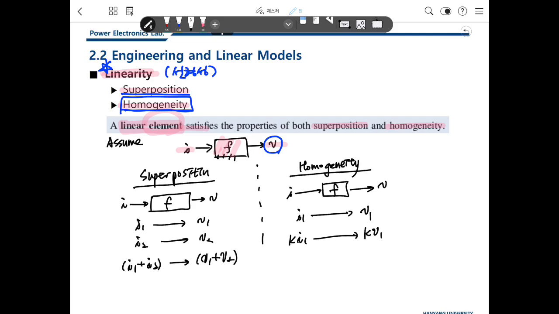Then you can say that is homogeneity. So when the system is linear, the superposition property and the homogeneity property should be satisfied. If both properties are satisfied, then you can say that it is linear. This is a very important characteristic.